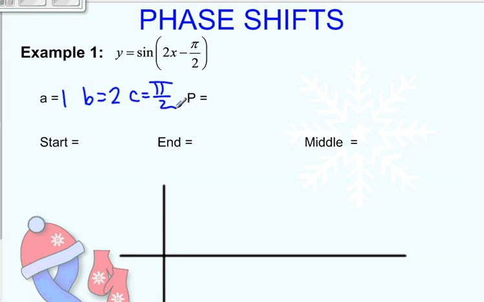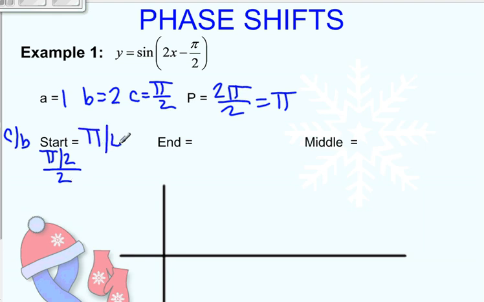Our period is 2 pi divided by B, which gives us pi. Our start is C divided by B. Our C value is pi over 2, and we're dividing it by 2, or pi over 2 times 1/2, which gives us pi over 4.